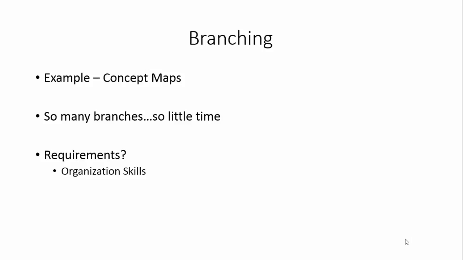I have requirement is organization skills, and I guess it helps if you have that, but it's more not a requirement than just a building block, or something that you strengthen by using branching.